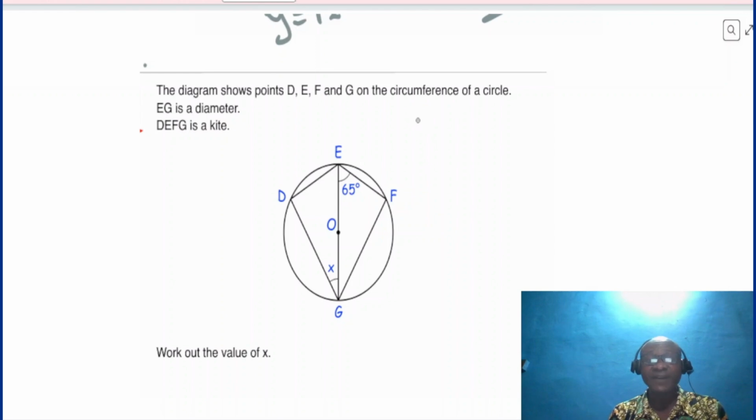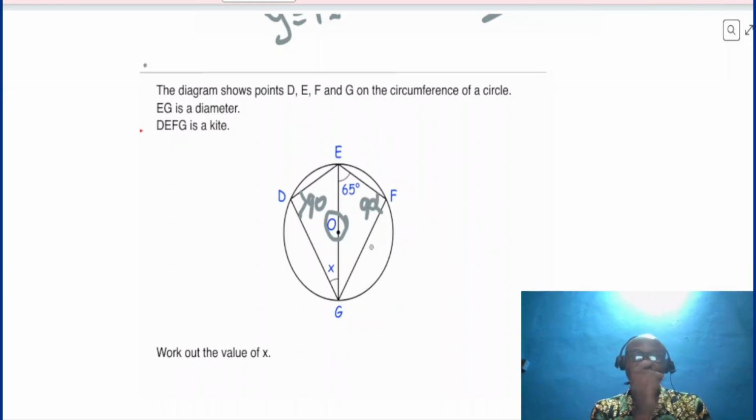First and foremost, you can see that the line EG is a diameter, isn't it? Yes, sir. Automatically here is 90. Here also is 90. Do you agree? Yes, sir. Beautiful.